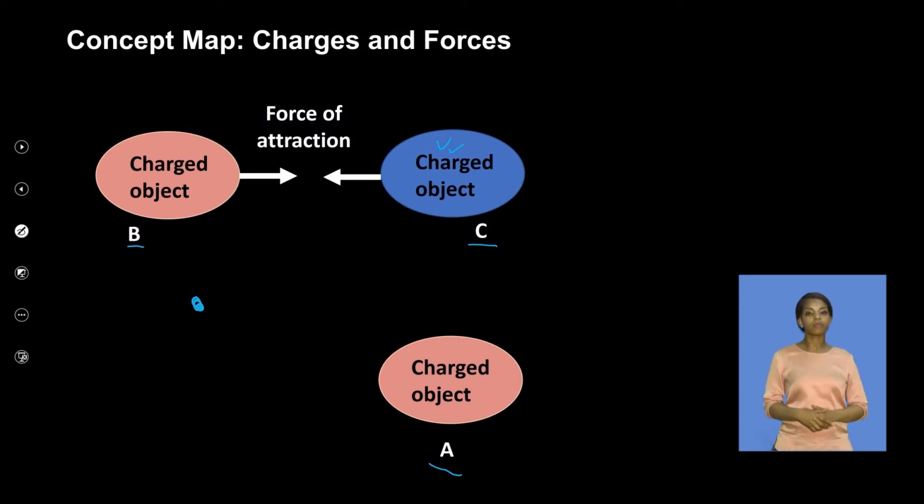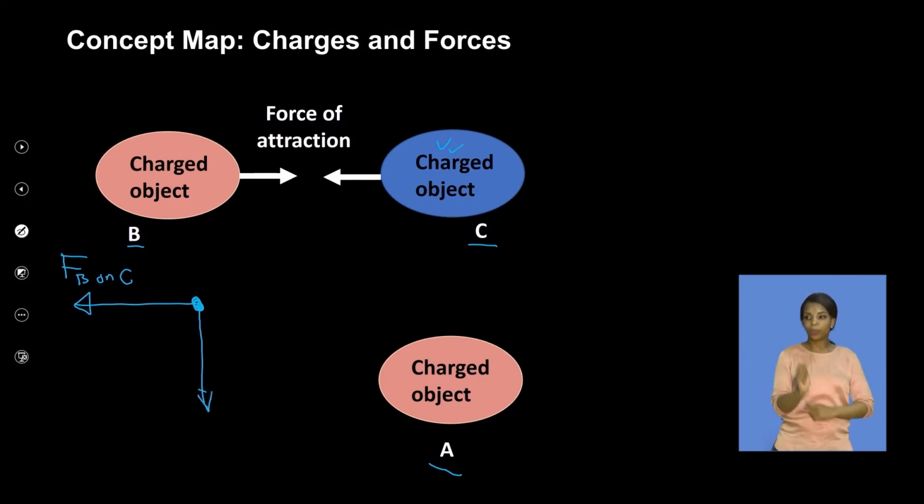The force on C by B is in that direction, because these two are unlike charges. So this is force by B on C. And then if we look at the force by A on C, the direction of that force is towards A, because these two are oppositely charged. So this is the force by A on C.